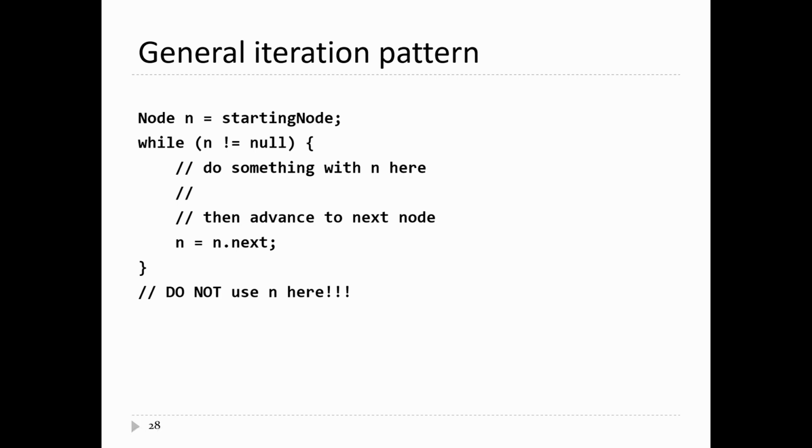Now, there are times when you do need to use a reference to the last node. So there are times when you want to iterate over a sequence of nodes and keep that last reference, in other words, I want that bottom node for some reason. There's a couple of ways you can deal with this. You can create a second node variable, node m, and start that equal to null.